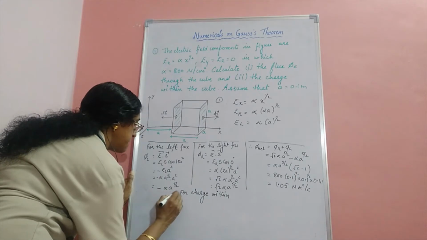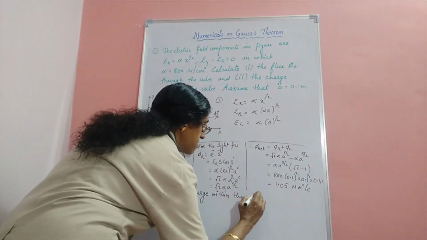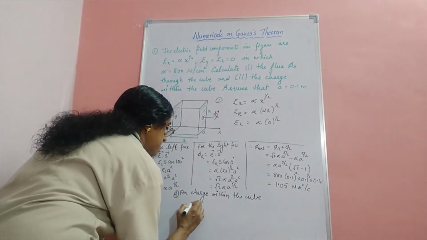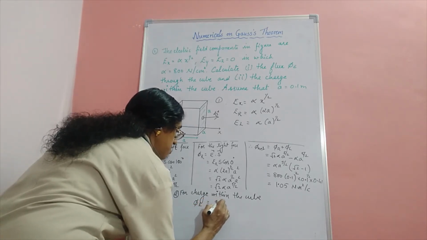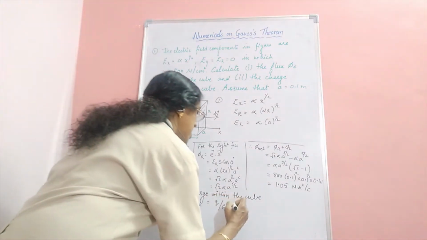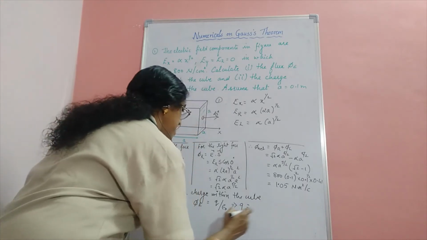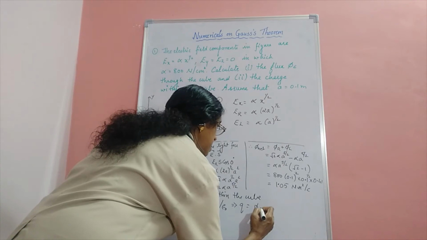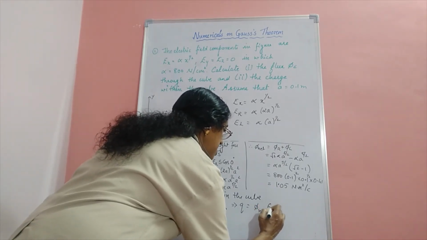Now for the second part, for the charge within the cube, we know that flux phi E is equal to Q by epsilon naught. So we need to calculate Q. Therefore, Q can be written as flux net into epsilon naught.